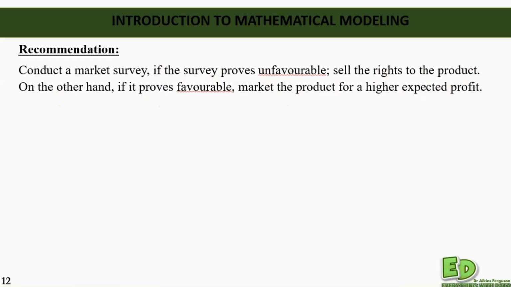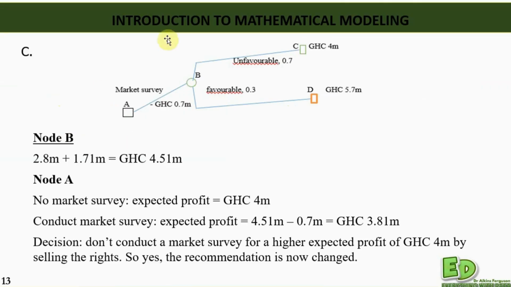I hope you've gotten this process. So this is the C part, where the probability has to be changed from 0.43 to 0.3. So now 0.3 is favorable and 0.7 is unfavorable, and you have these monetary values written at the end of the branches.